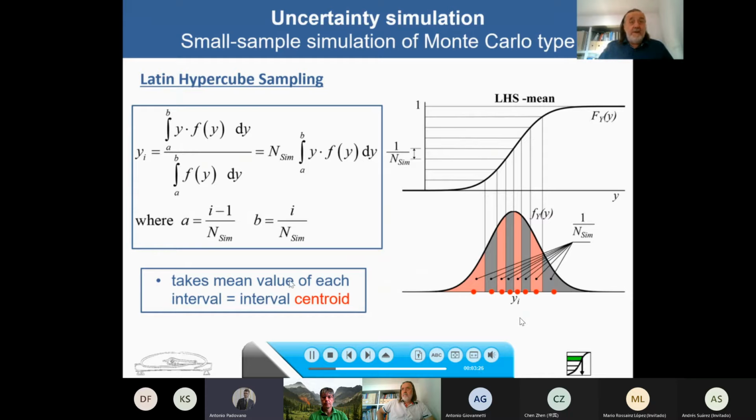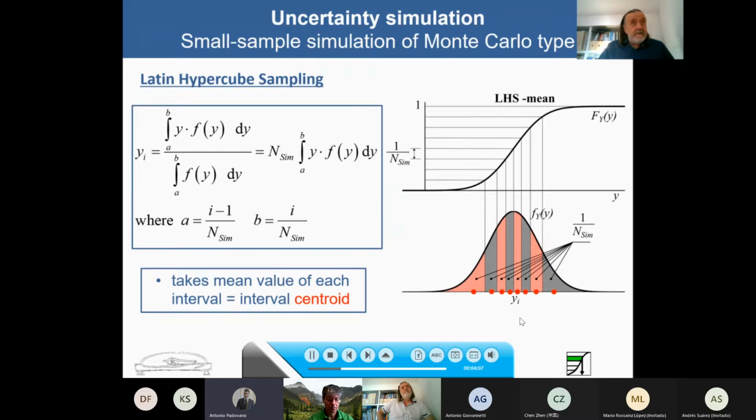And a very efficient technique is stratified sampling called Latin Hypercube sampling, especially the technique where distribution functions of random variables are divided into n sim intervals, where n sim is the number of simulations, of the same probability, 1 over n sim. And the samples are generated by inverse transformation of the distribution function as a representative value from the interval.